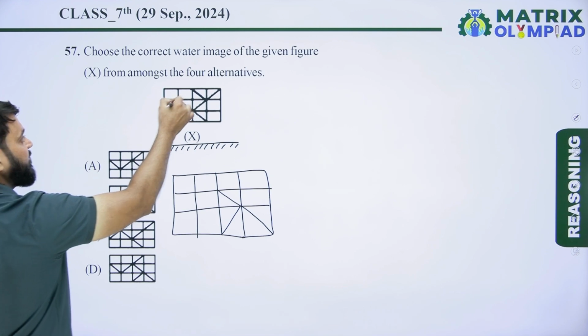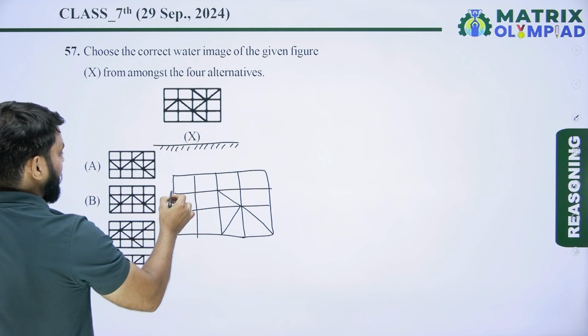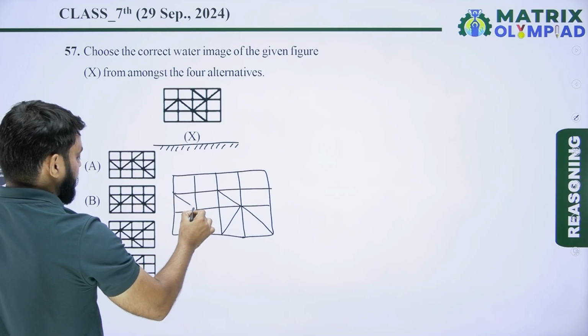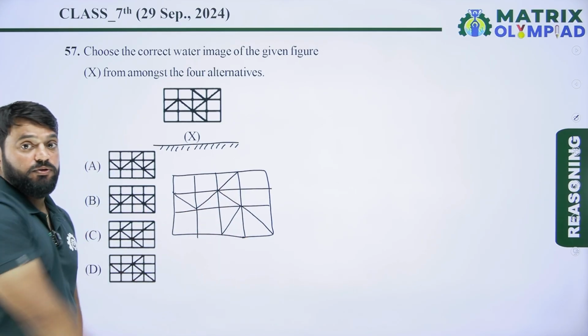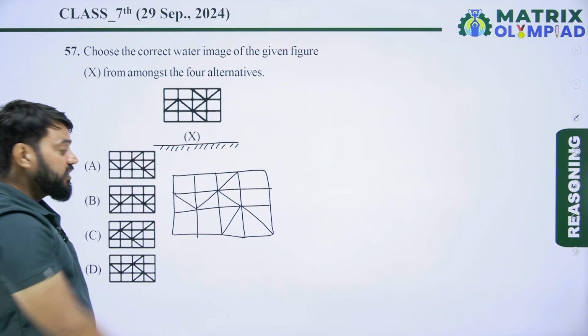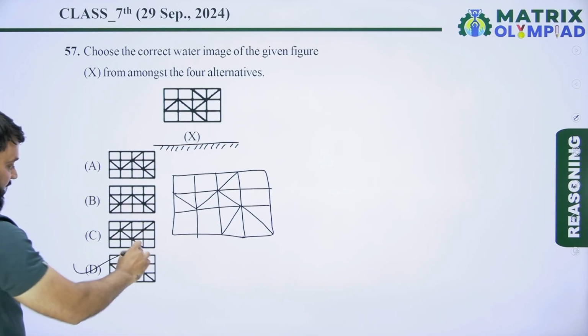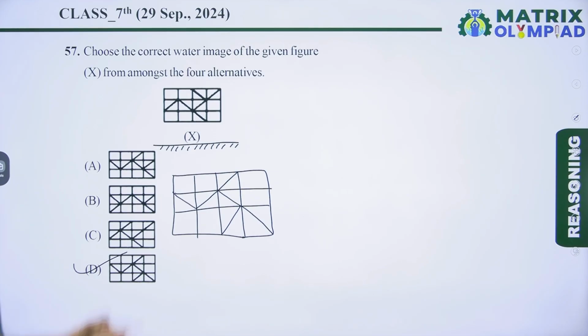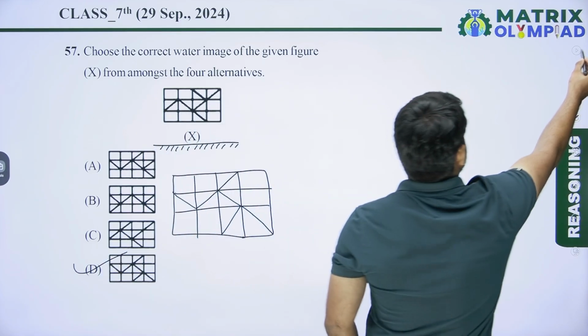Okay, now find the water image of this line. So the water image of this line looks like this. So this is the correct water image of the given figure. So here option D is the correct water image of the given figure X. So here option D is the correct answer of this figure. Let's move on to the next question.